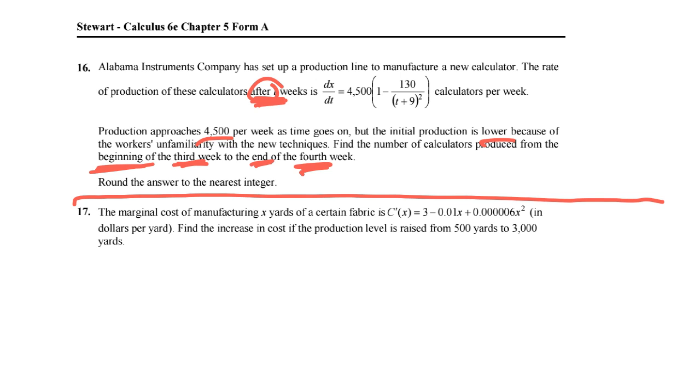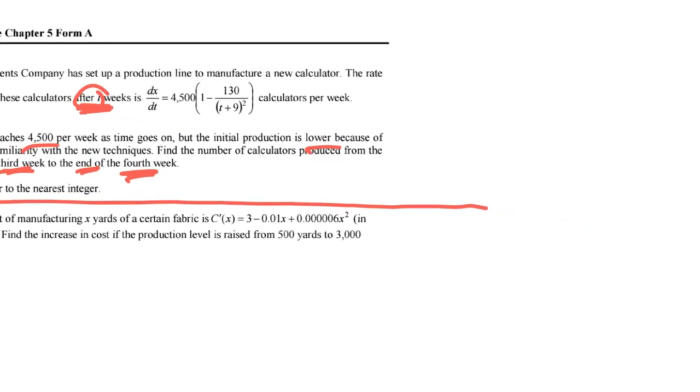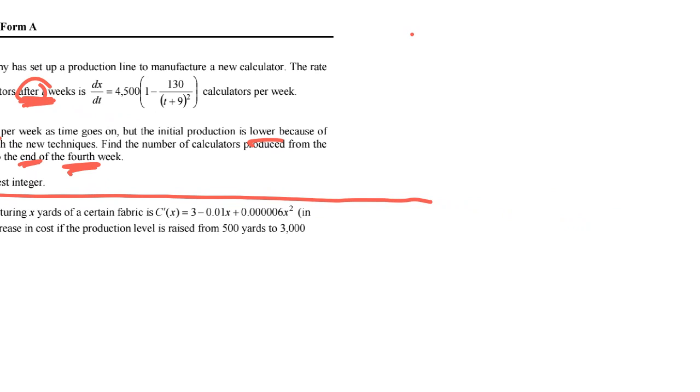Be careful. I'm not saying whether your test has one that is confusing or not, but pay attention to the wording, okay? Because I did not when I first did this problem. So I need to find the integral from the end of the 2nd week, so 2, to the end of the 4th week of that function.